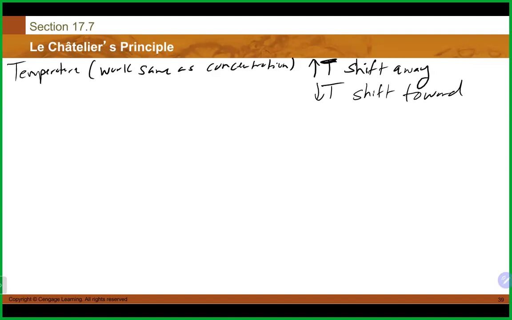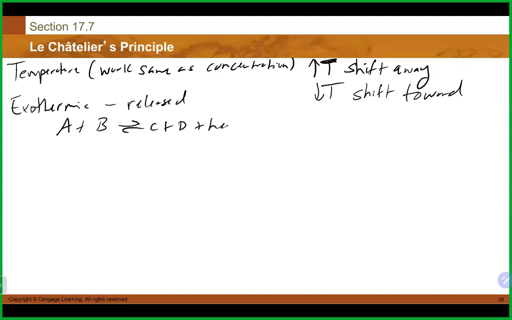So how do you know sort of which way is temperature in the equation? It has to do with the type of reaction you're dealing with. If you're dealing with an exothermic reaction, heat and energy is being released. So when we think of an exothermic reaction, we think of heat and energy as being a product.